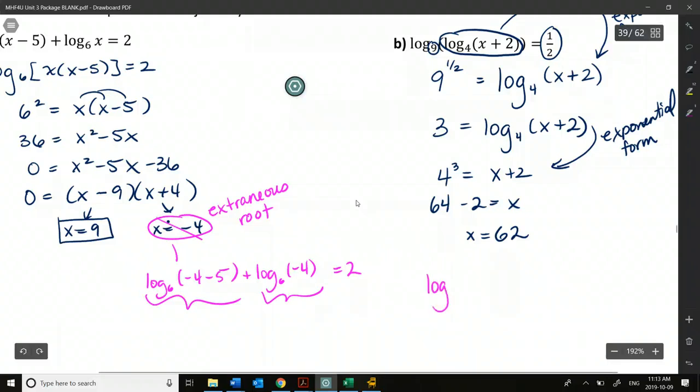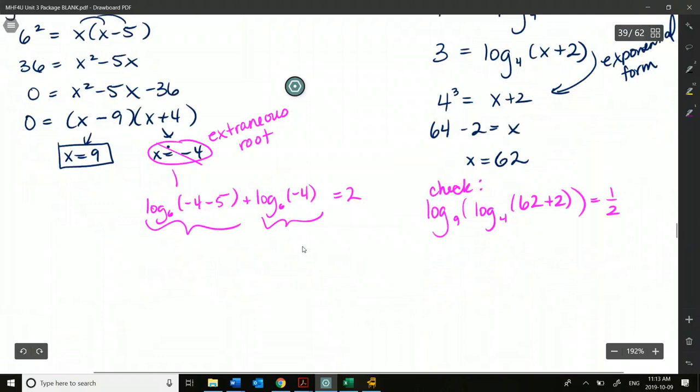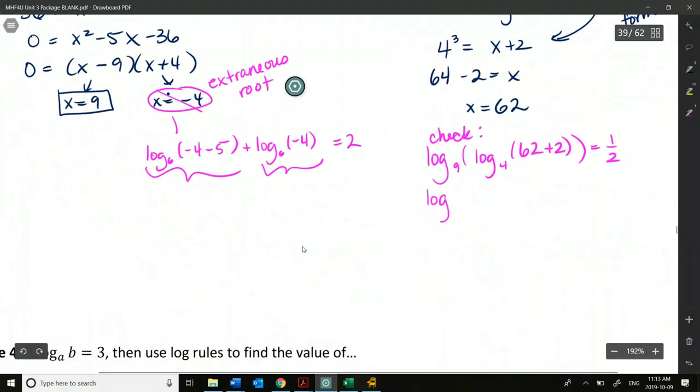So if I sub this back in and we do a little check here, we have log base 9 of log base 4 of 62 plus 2 equals a half. And I'm just going to simplify from the inside out here. So log base 4 of 64, does anybody know how we could calculate this?